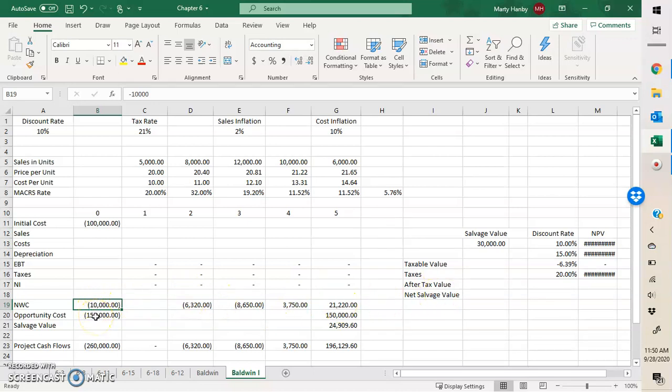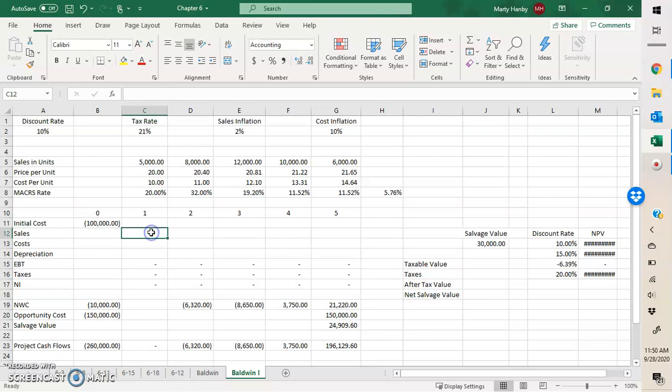In the homework, there are problems that reduce net working capital, and there are problems that increase net working capital. Increase is a cost, decrease is an inflow. And then the opportunity cost of the factory is $150,000. So we have $250,000, $60,000 in initial cash flows.